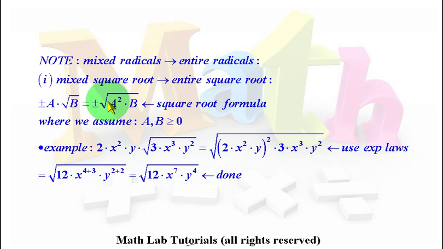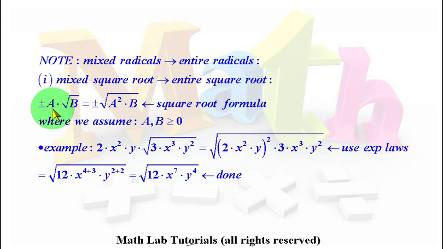So that means the square root of a squared times b can be rewritten as a times the square root of b. Because the square root of a squared is a, you can bring it outside the radical. So that means that the right-hand side becomes plus minus a times the square root of b. And of course, that's exactly the left-hand side. So the left-hand side and the right-hand side are essentially equivalent.